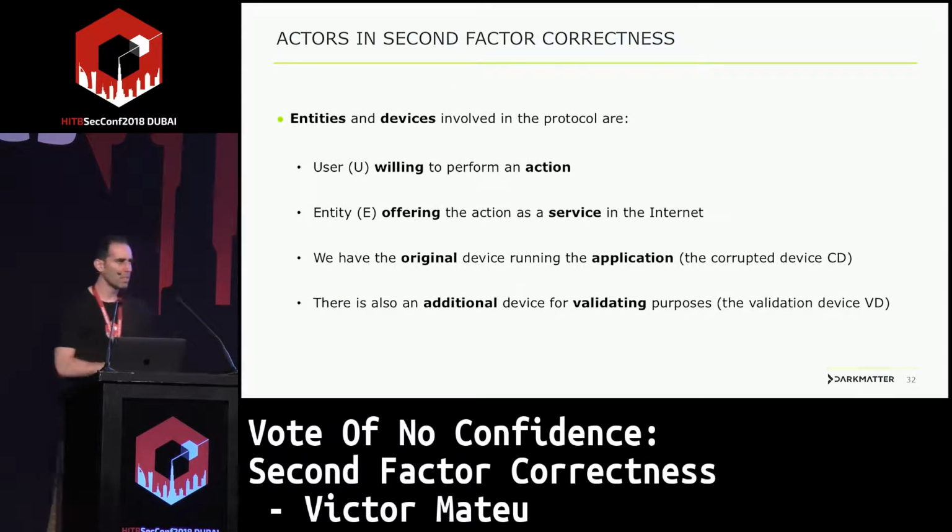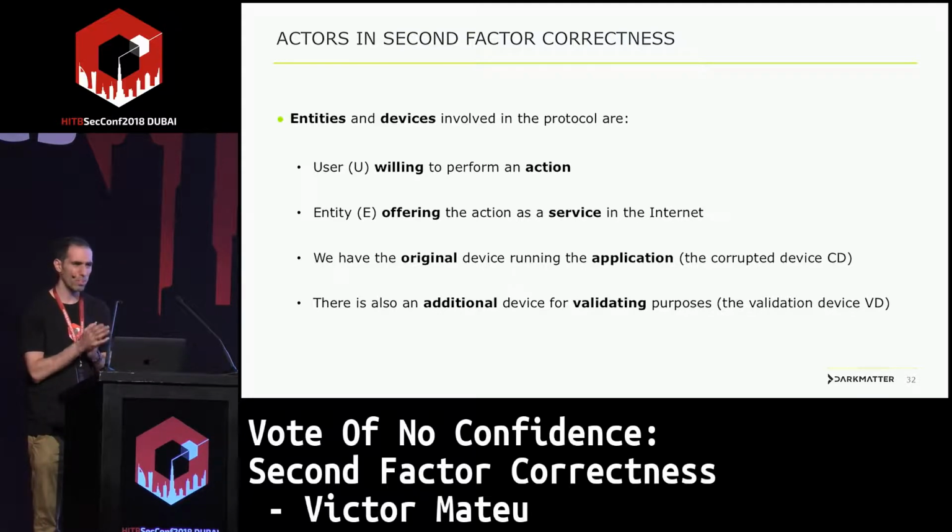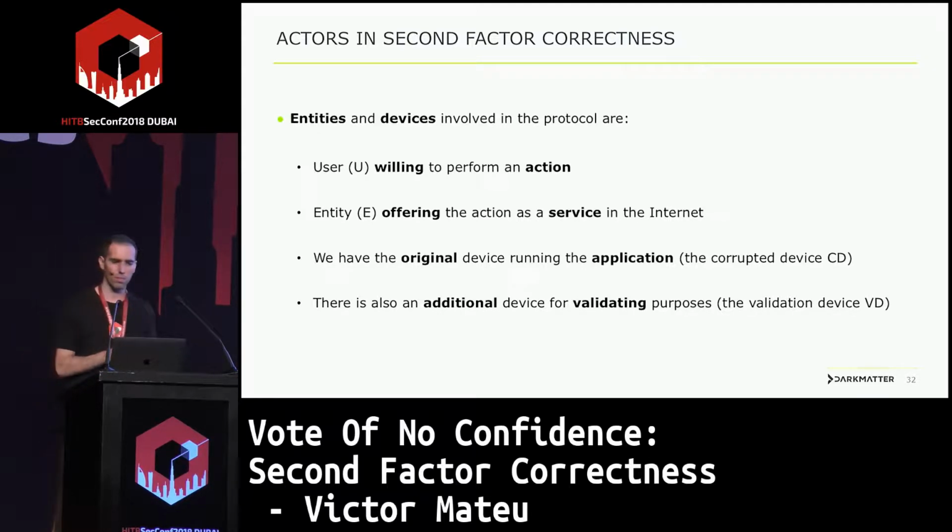So let's see an overview of how we would talk about a second factor authentication. In this protocol, I will use generic names, like entities or users, so it's not related to any specific functionality. We need a user, which is the one who has the corrupted device.